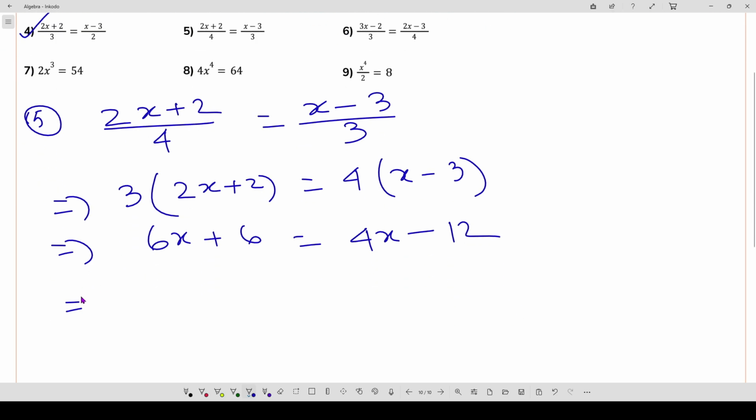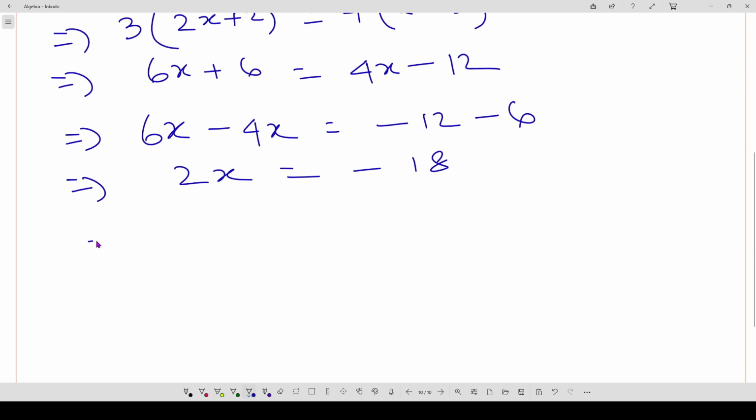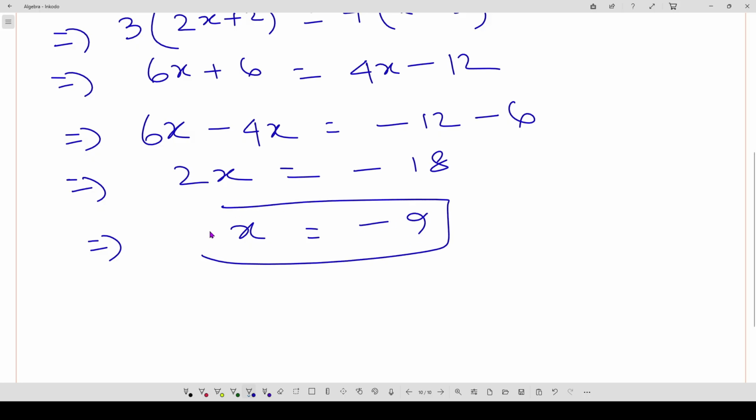Now we can write 6x minus 4x equals minus 12 minus 6. Then 6x minus 4x will be 2x, and minus 12 minus 6 will be minus 18. Now we can divide both sides by 2, then x equals minus 9. This is our answer.